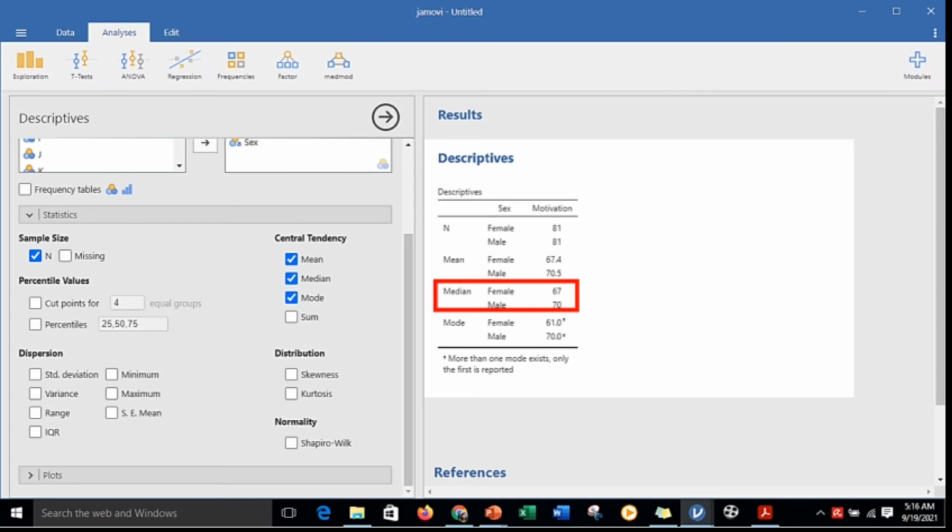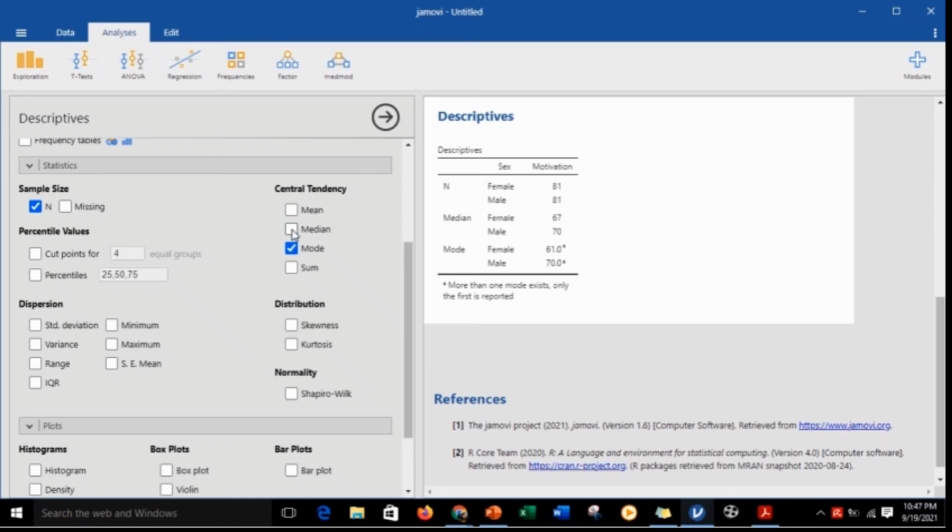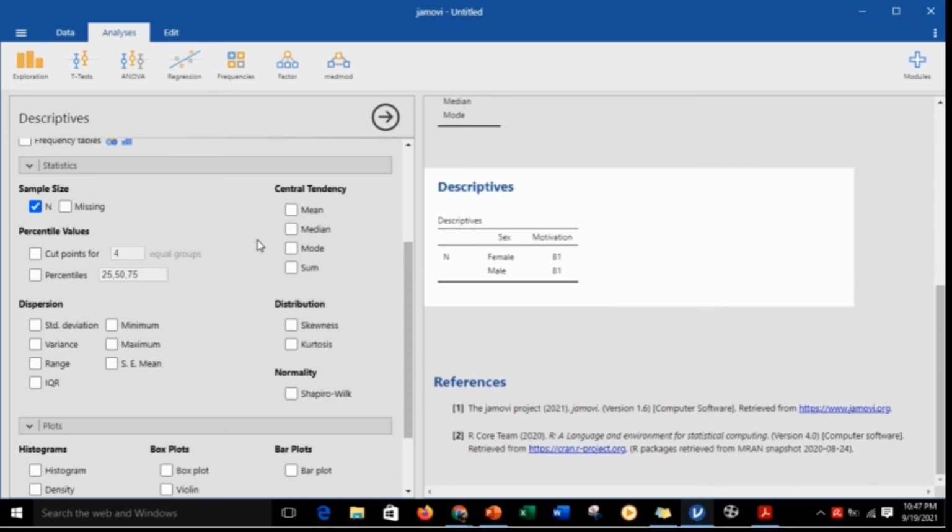It's also less sensitive to outliers and skewed data. Lastly, we have the mode. It is the most frequent value in the dataset, so a dataset can have no mode, one mode, or more than one mode. Let's now unclick everything and let's proceed to percentile values.